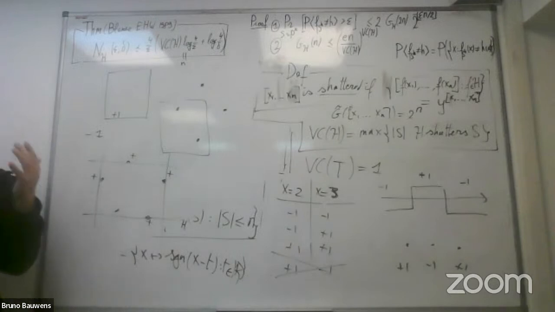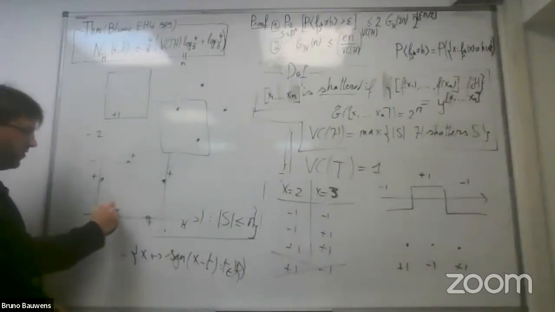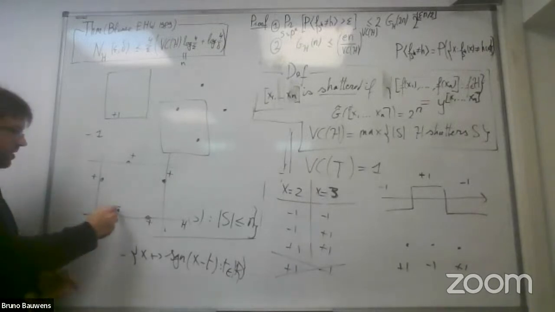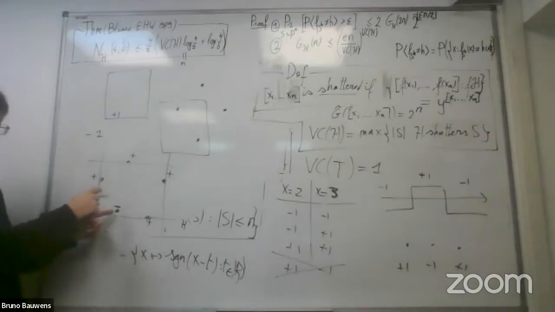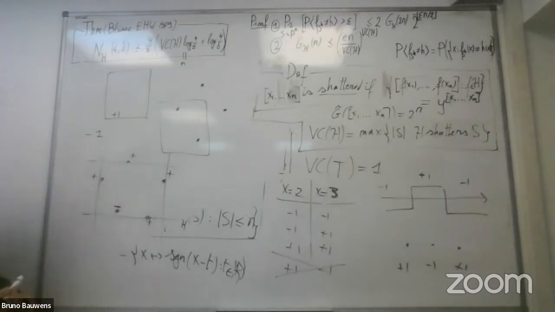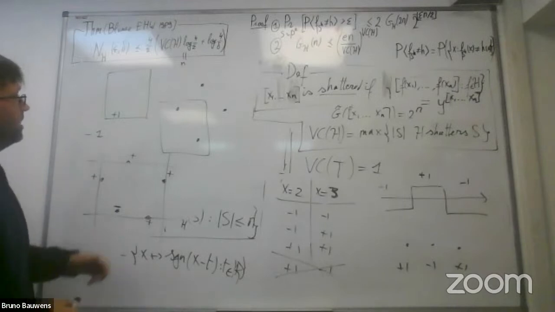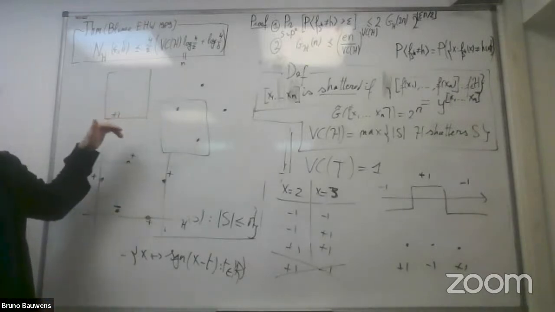The 5th point will be minus, but this 5th point must be inside. So we cannot realize it. This point must also be plus, because it is inside the box we just constructed.